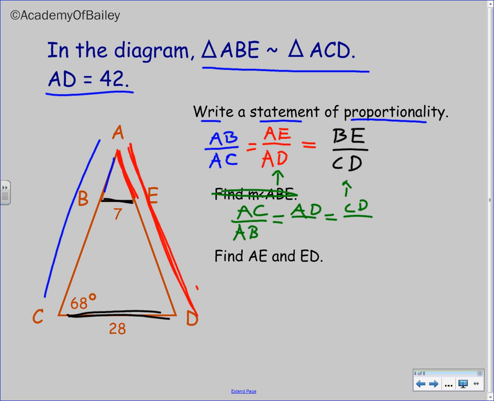And so we have the sides from the large triangle on top, the sides from the smaller triangle on bottom. And so either one of these is a statement of proportionality. You just have to keep the same triangle sides together.